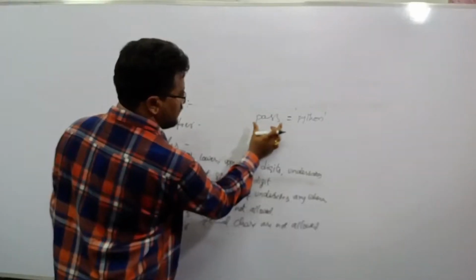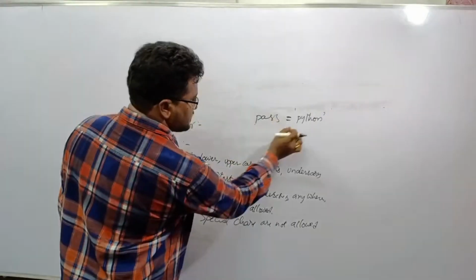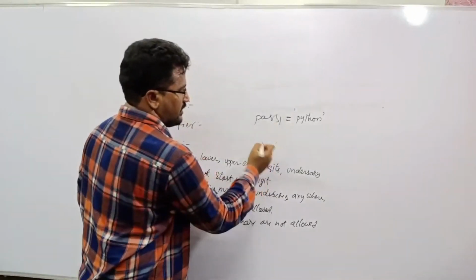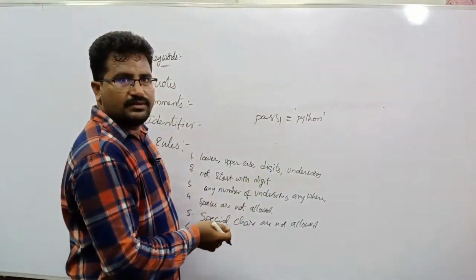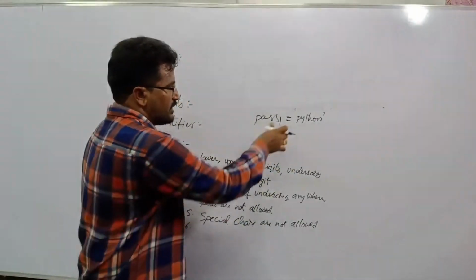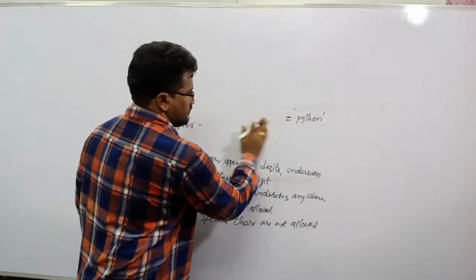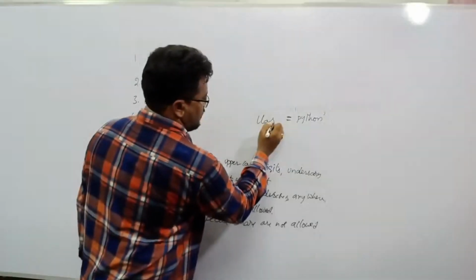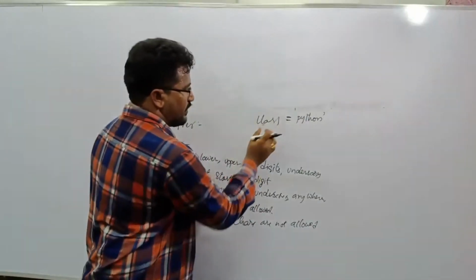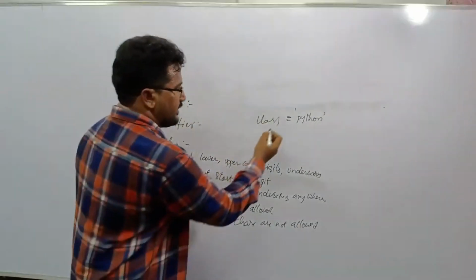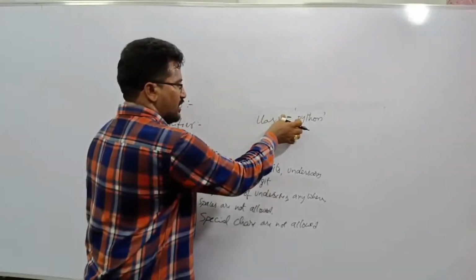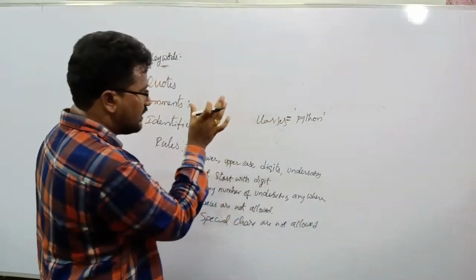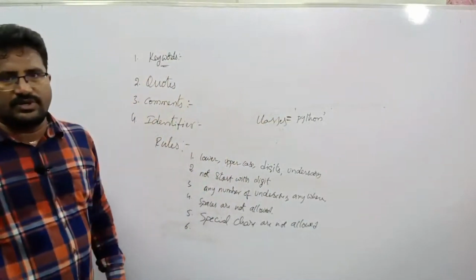So don't use Python keywords as identifiers. You can give pass1 or my pass, no problem, but the keyword as it is, is not possible. For example, class is a Python keyword, not possible. Class1 is possible. Class S again is possible. But the keyword as it is, is not possible.